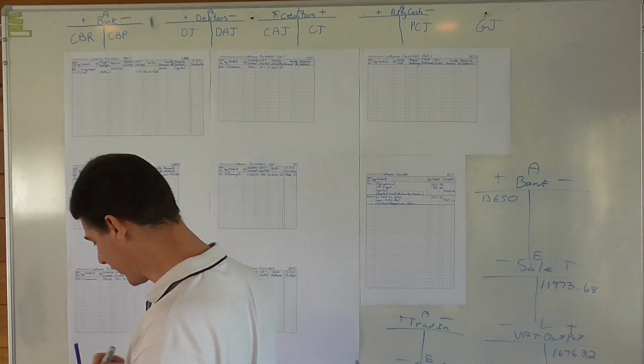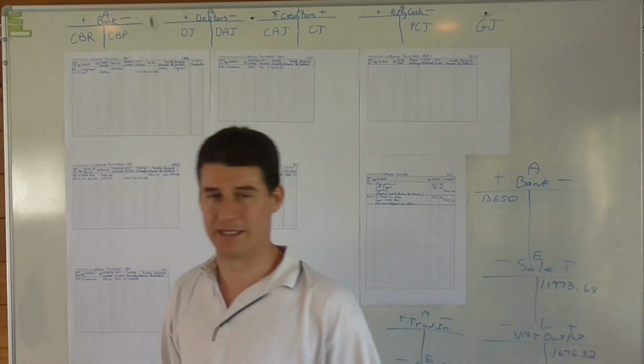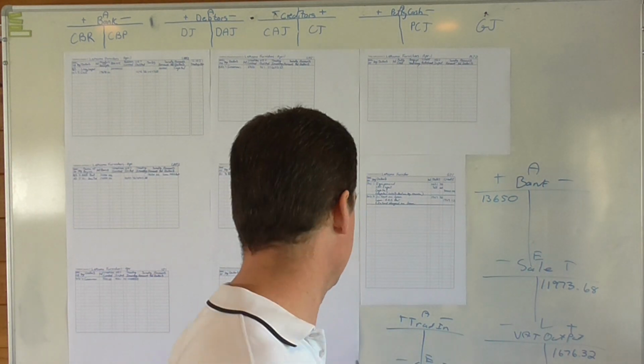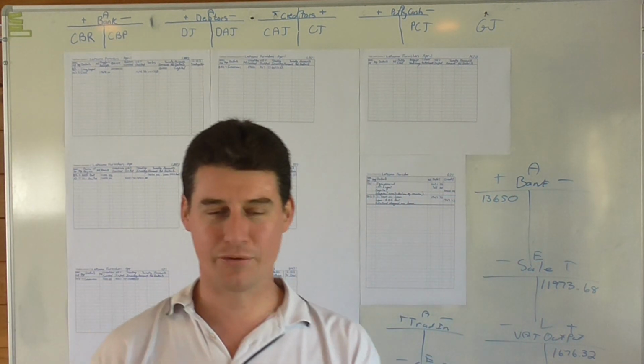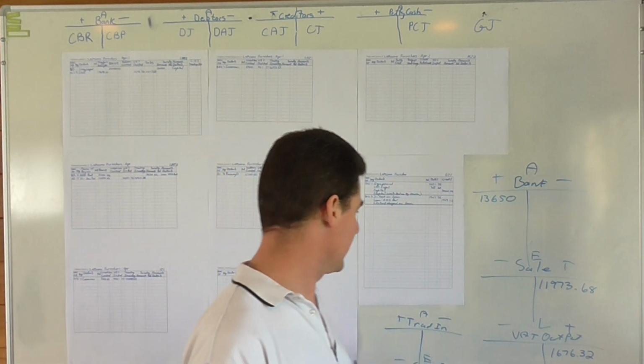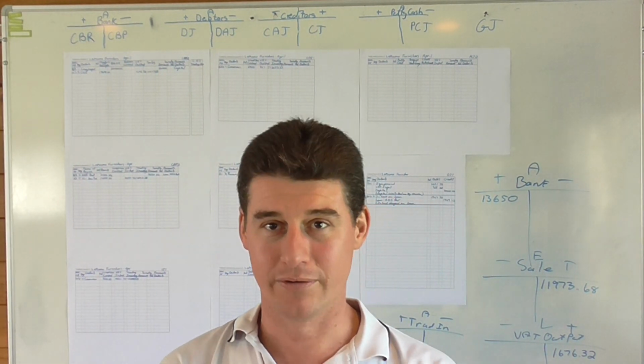Okay, but now one thing that we need to remember, one thing you need to remember is the cost that we are calculating here is the cost price that we bought the items for.